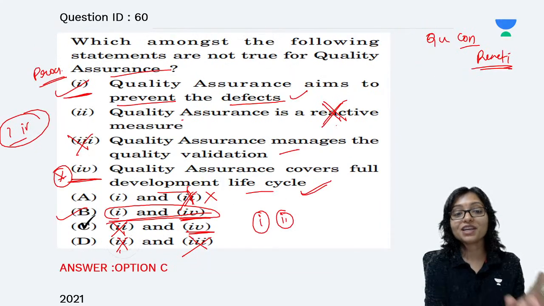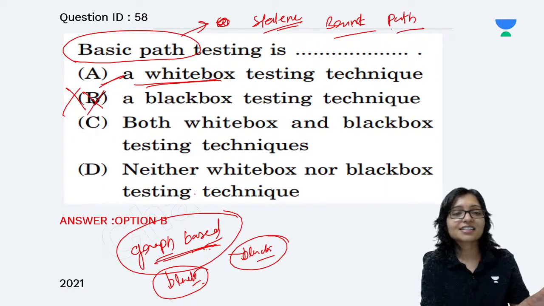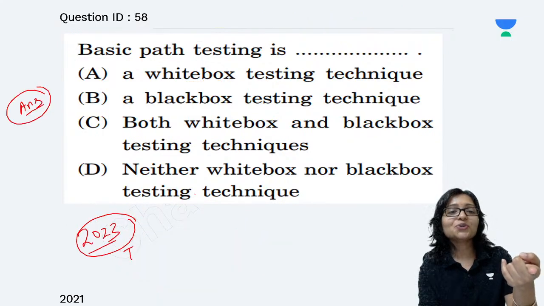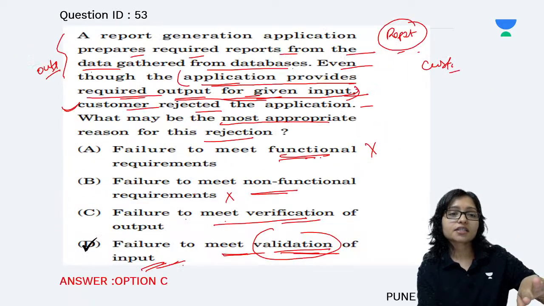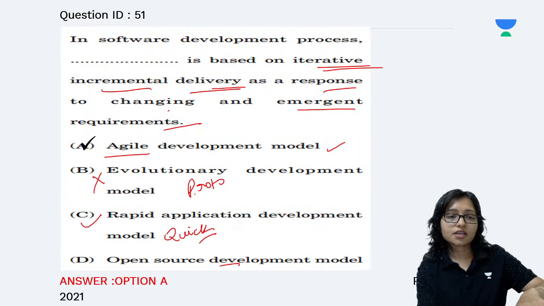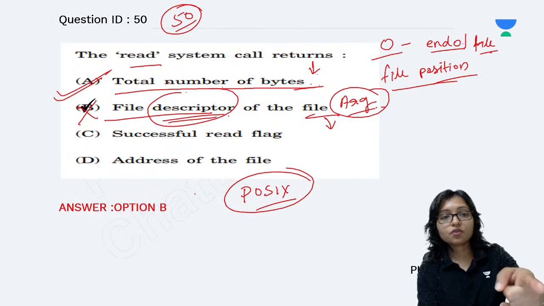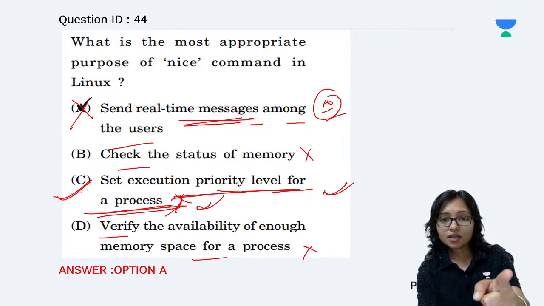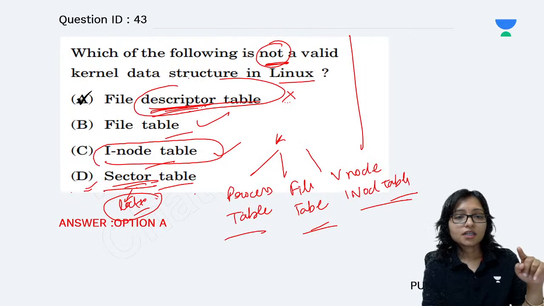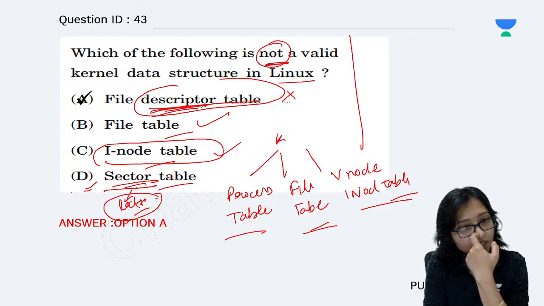So here you can count how many are wrong. One option is wrong, here it was correct, here it is also wrong. This is 2, this is 3, this is correct. This one is 4, then this one is 5, this one is the answer. This is the descriptor table.